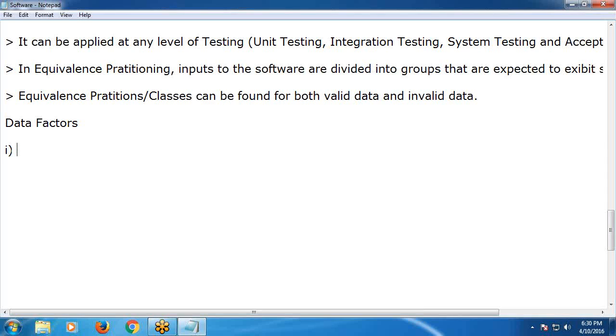First one, type of the data. Can you give an example for data type, Krishna Chaitanya? Integer, float, double, character, string: those are technical classifications.